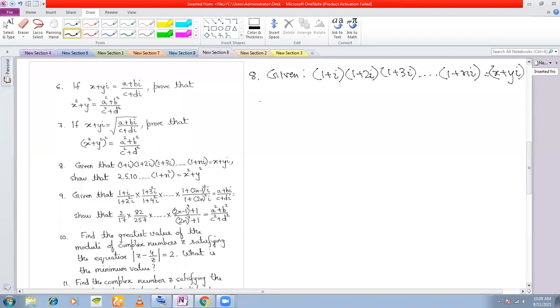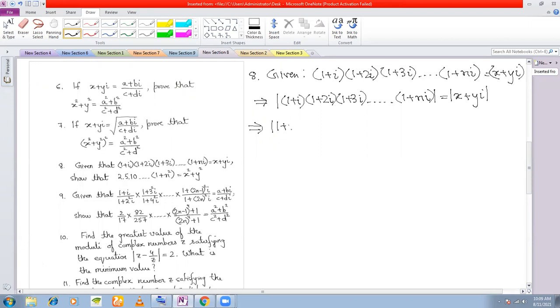This is very easy. You take mod on both sides. If this is equal to this, then mod of 1 plus i into 1 plus 2i into 1 plus 3i, and so on up till 1 plus ni is equal to mod of x plus yi. Now you can take individual mods.